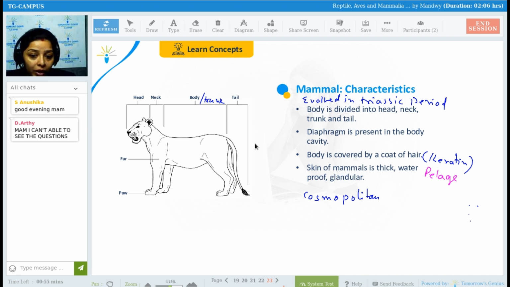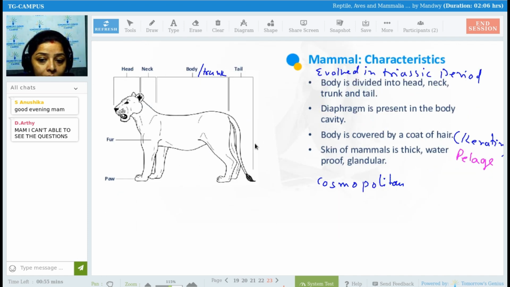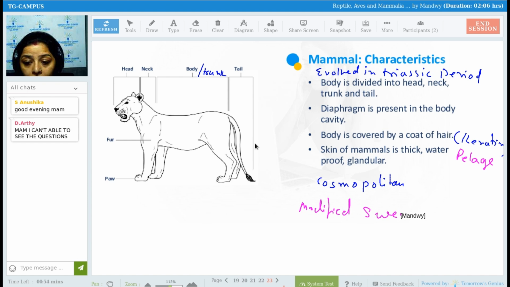So, because of the mammary gland, the class name is Mammalia. And this mammary gland is a modified sweat gland.